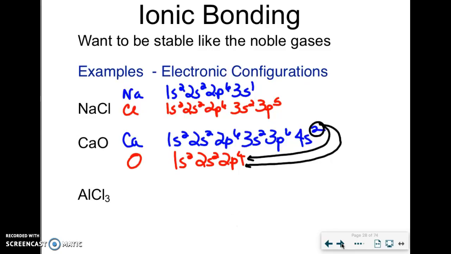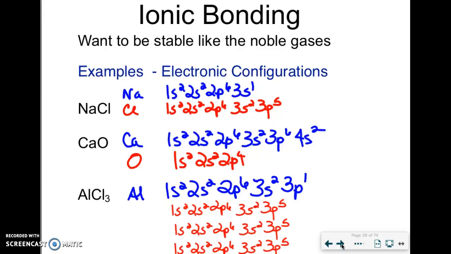Finally, we're going to take a look at aluminum chloride. Now with aluminum chloride, the electron configuration for aluminum is 1s2, 2s2, 2p6, 3s2, 3p1. There are 3 valence electrons. So those 3 valence electrons in aluminum will be given up.